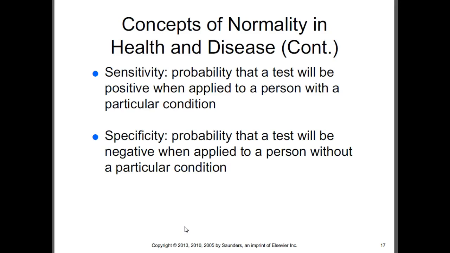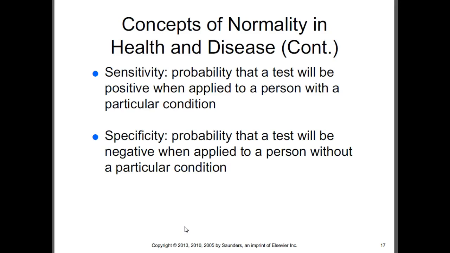So sensitivity is basically used to rule out disease, because if you get a test with high sensitivity, then that person that gets a positive test has that disorder, most likely, depending on the sensitivity of the tests. Test might be 92 to 95, 99% sensitive.